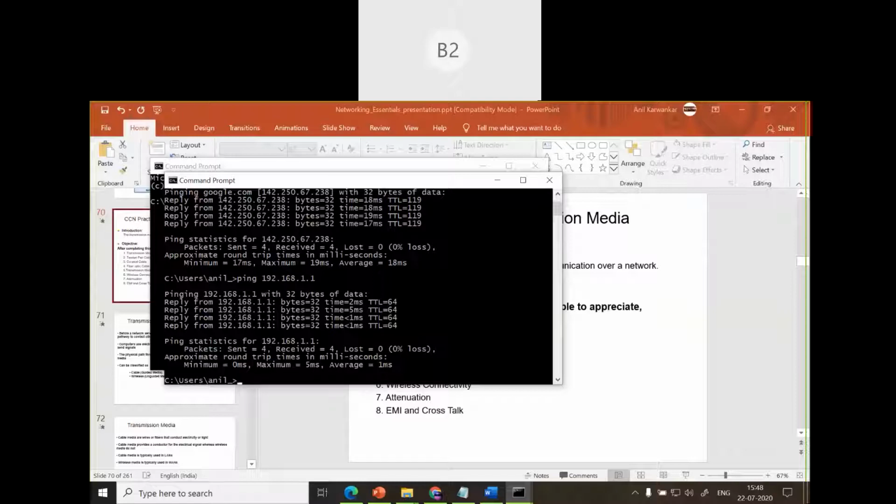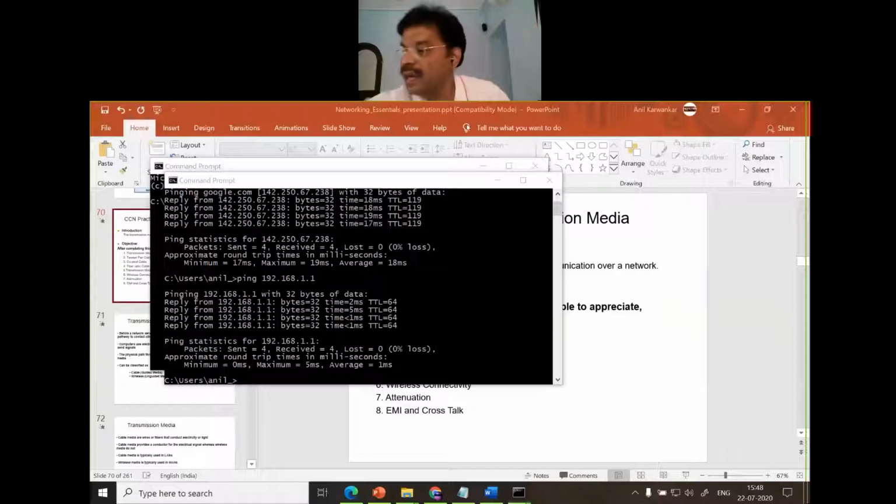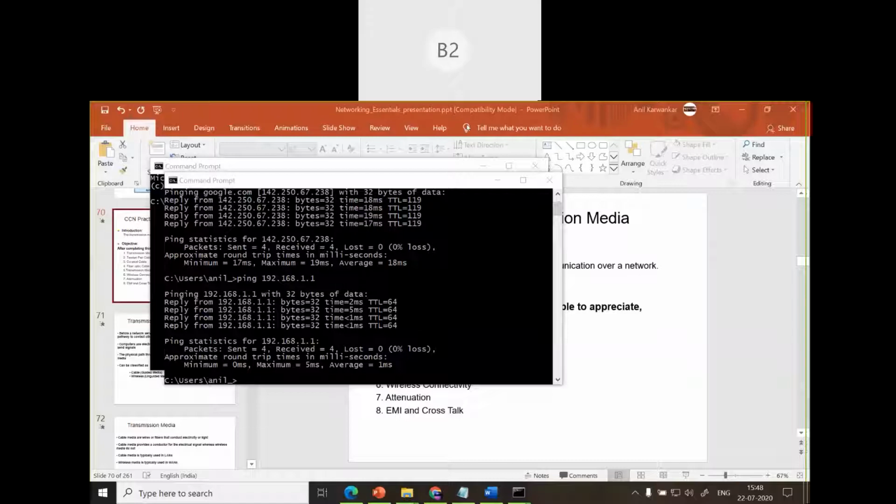Typically, whenever I am using this configuration, I will show one type of cable. I think all of you are able to see this cable. This cable is a copper cable.